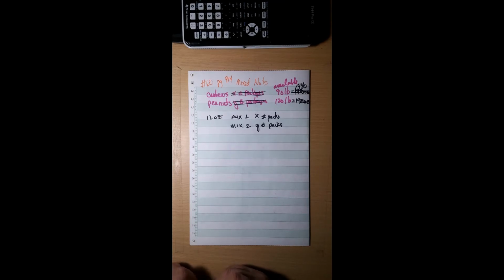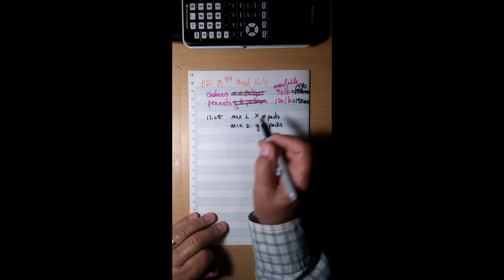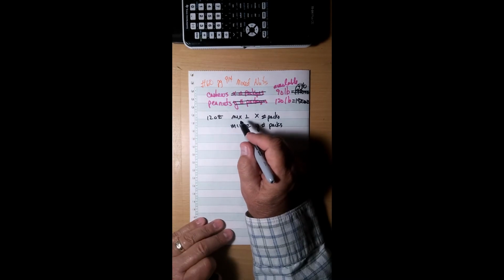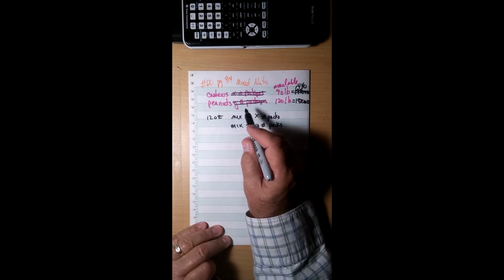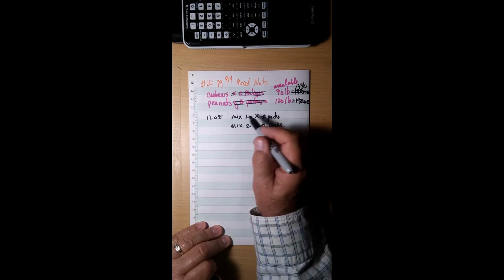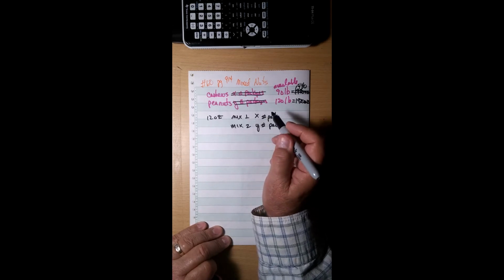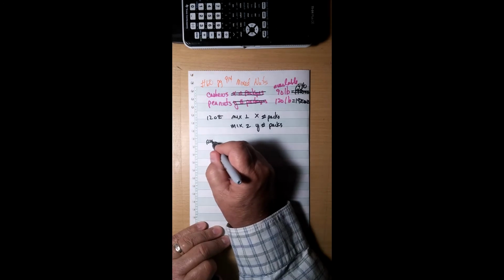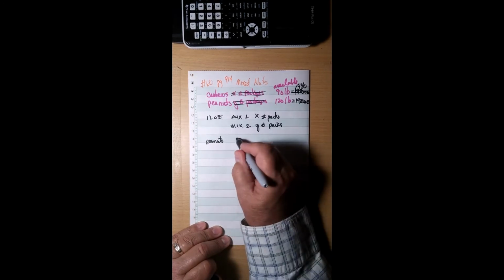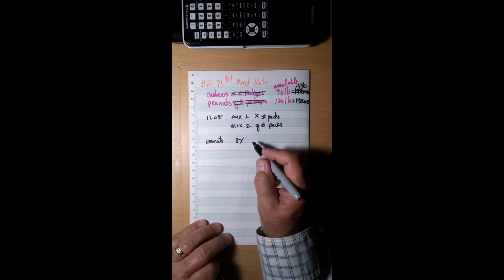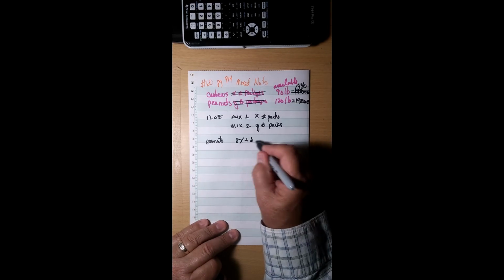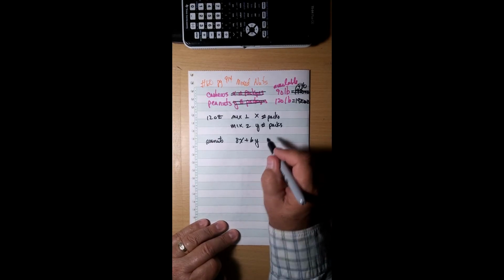It says in here that for Mix 1, it takes 8 ounces of peanuts, and it takes 6 ounces of peanuts for Mix 2.